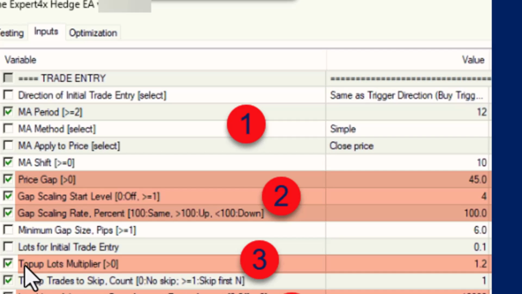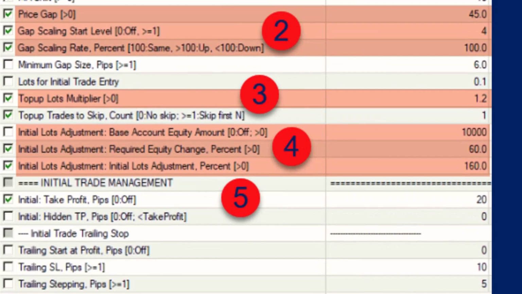Then we have the top-up multiplier. Now, this is the one that says that when a transaction starts going negative, the next transaction, how big must the lot size be? Now, you could put that as 1, for instance. So if your initial trade was 1 lot, then the next trade would be 1 lot, and the next one after that 1 lot. But if you want to recover faster, you would say, okay, let's make it 1.2, like in this particular setting, 1.2, or let's make it 1.4, and so on and so on.